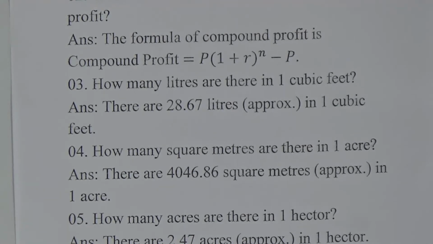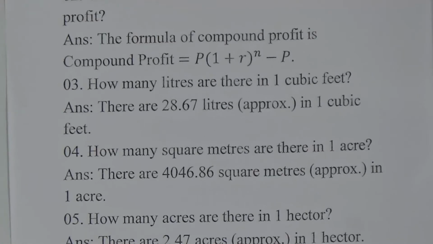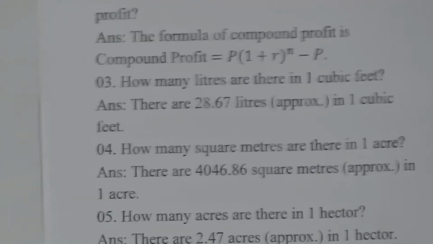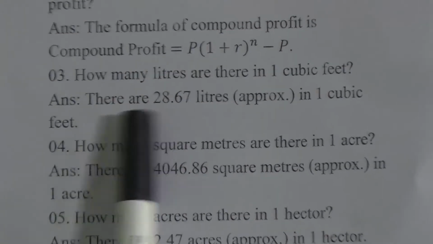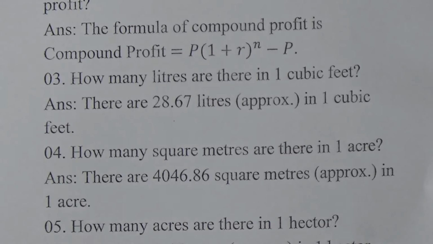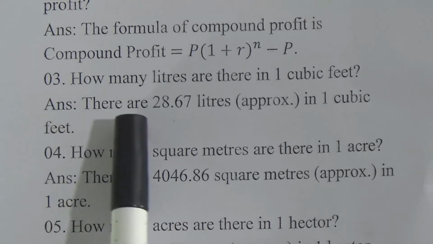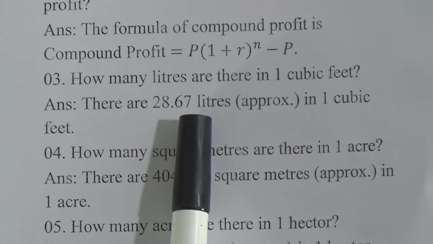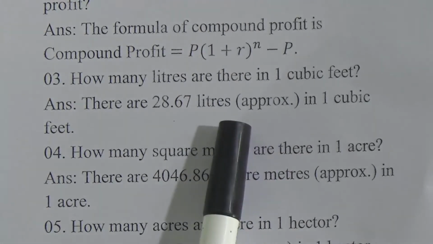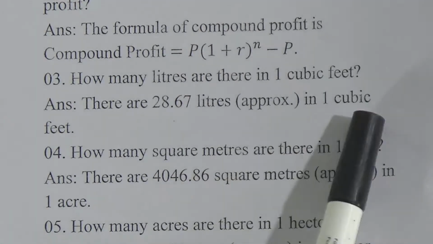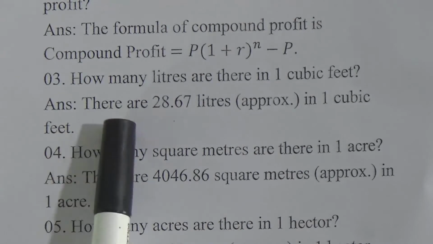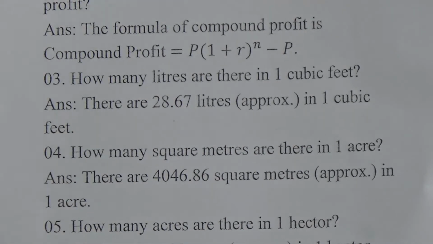Before the exercise you will get some tables where you will get a lot of information. Here there is information given, from there I have taken that there are 28.67 liters in 1 cubic feet. This is not an exact value, it is an approximate value. It means that this is a relation between liter and cubic feet. Okay dear students.